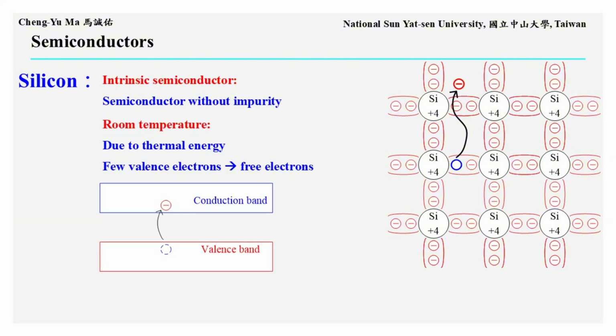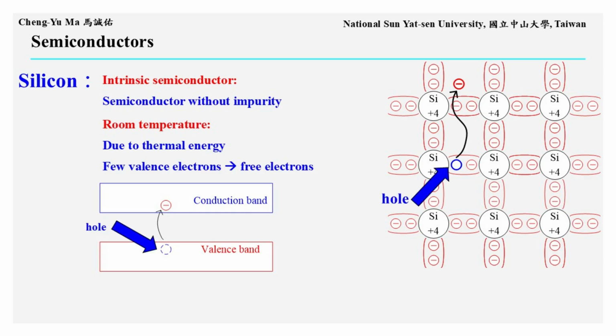From the energy space point of view, the valence electrons that form covalent bonds have energy levels inside the valence band. After absorbing thermal energy, they transition to higher energy levels inside the conduction band. Electrons in the conduction band that have escaped from covalent bond constraint can be regarded as free electrons. They can move under the force of an electric field and form current.